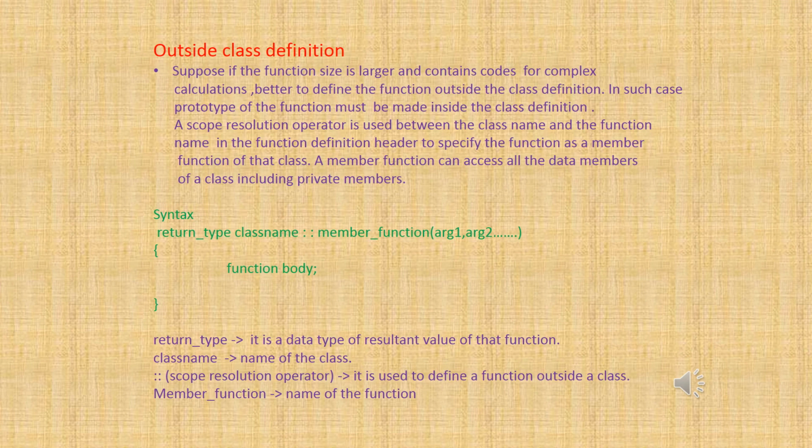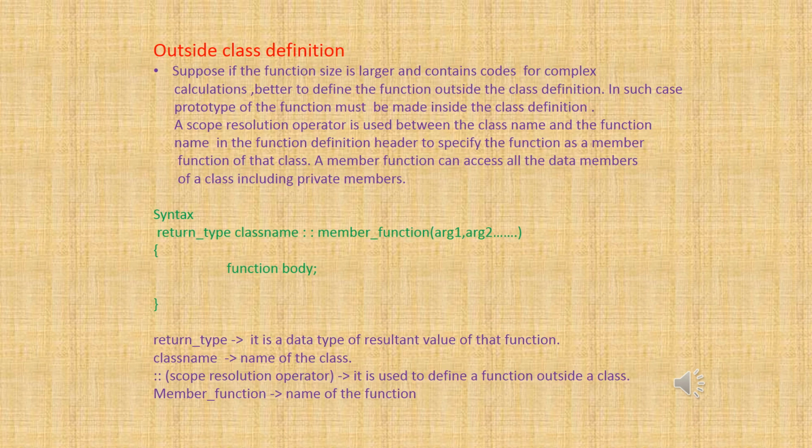Next is outside class definition. Defining a member function outside a class requires the function prototype. Function prototype means the function declaration is to be provided inside the class definition. The member function is declared inside the class like a normal function.